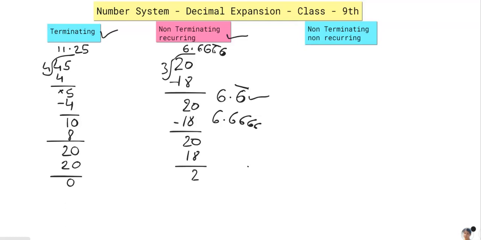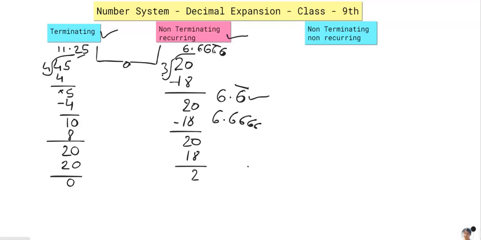Why am I explaining these two numbers? What can you say? Are these, 20 divided by 3 and 45 divided by 4, rational or irrational? You can check here.